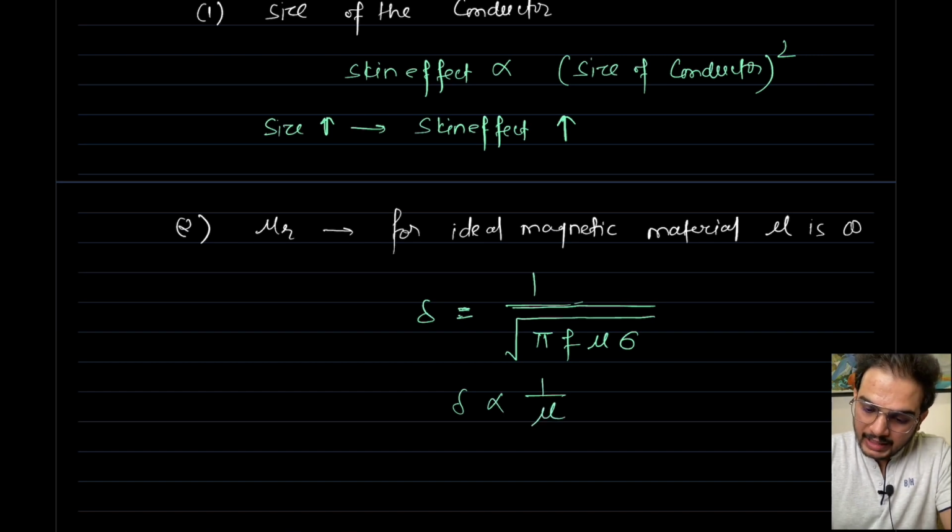So for ideal magnetic material, my permeability is infinite, so the skin depth will be 0.